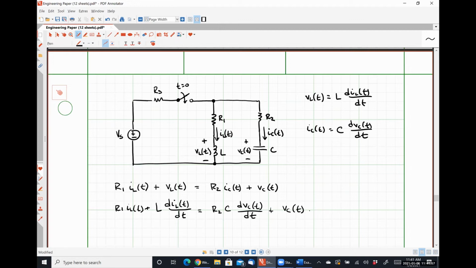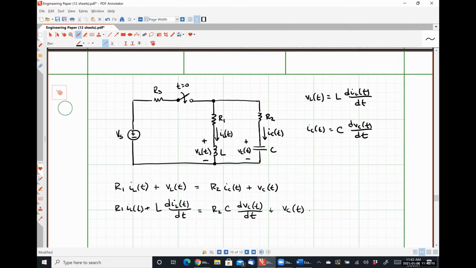Okay. So I've got everything on the left-hand side expressed in terms of IL of t, and everything on the right-hand side expressed in terms of VC of t.